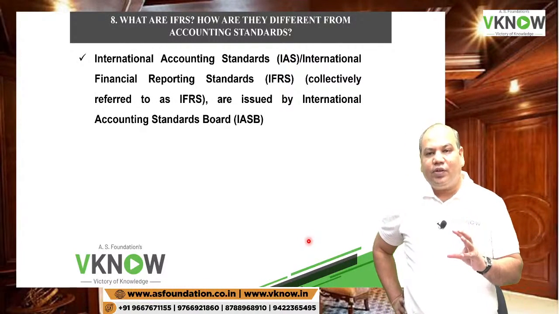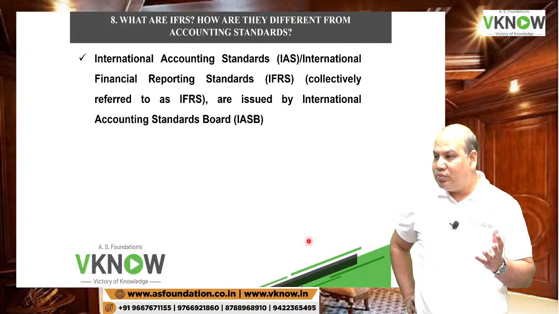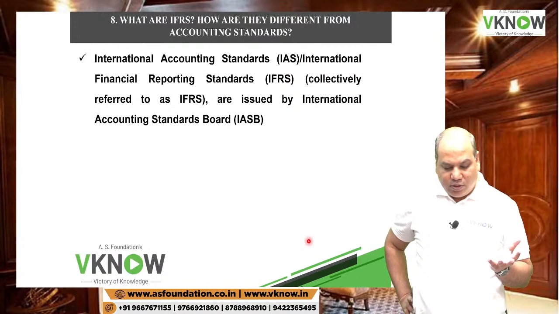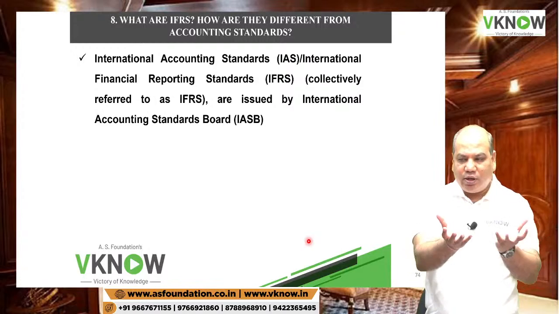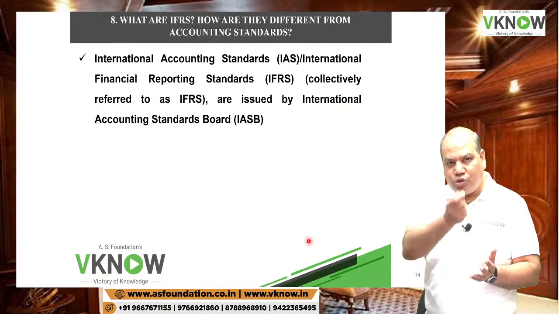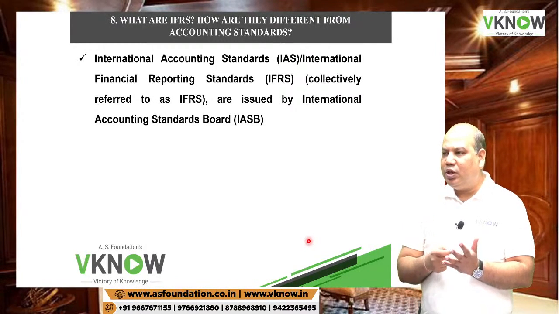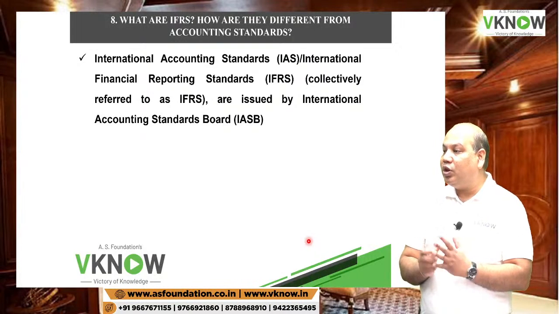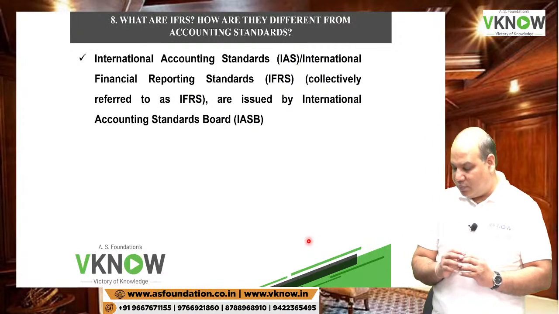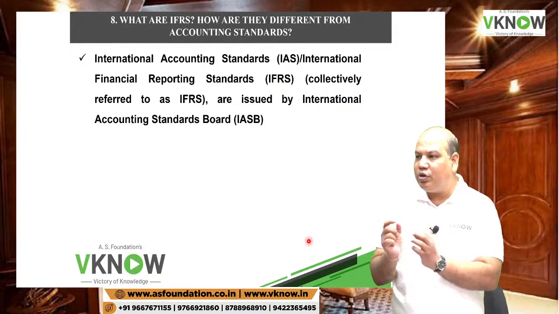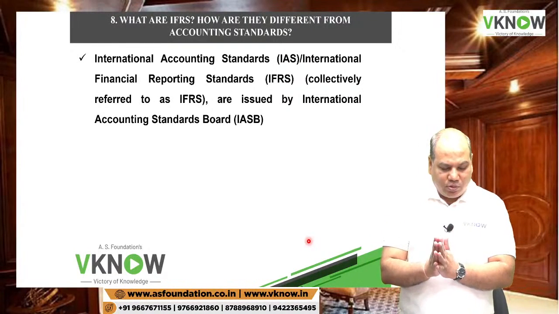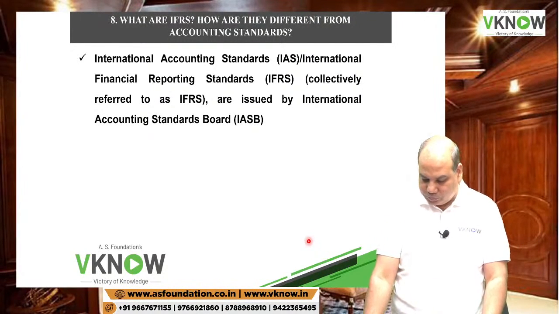That is, Ind AS are inspired from IFRS. As you know, in India we take the IFRS, our institute goes through it, and they make some carve-outs if necessary. They will change the nomenclature of some items if they feel like.